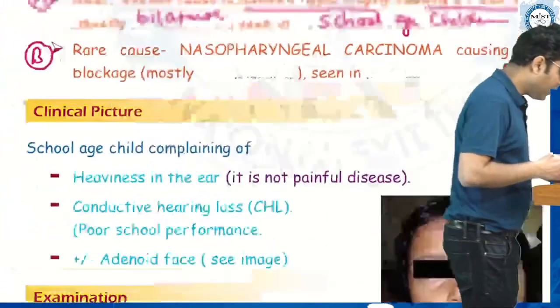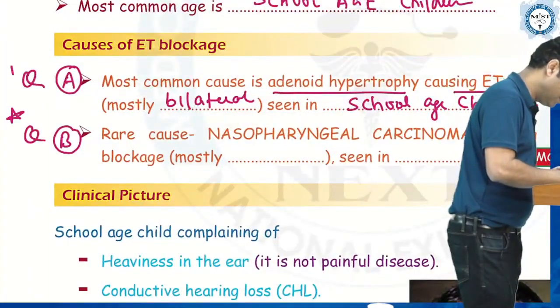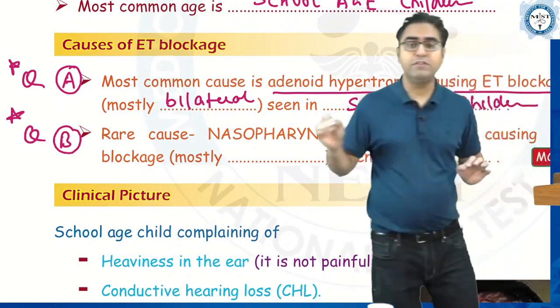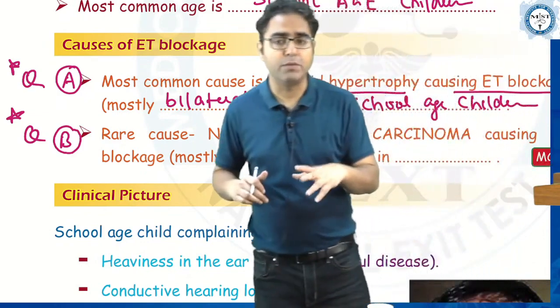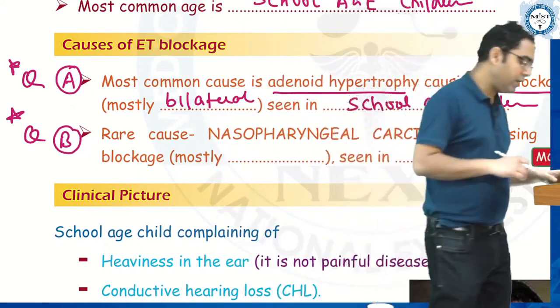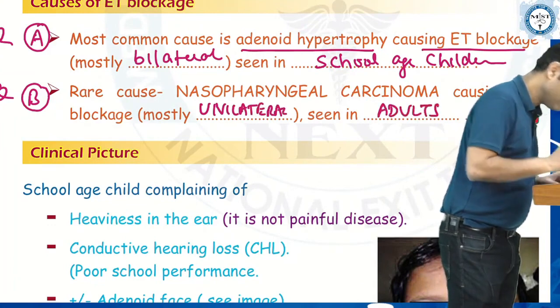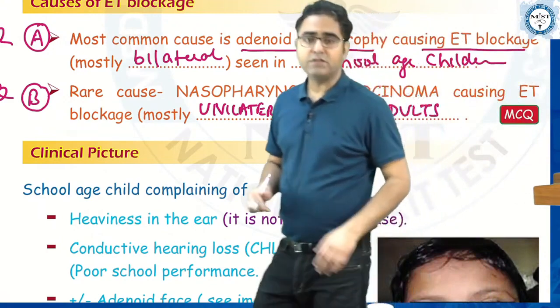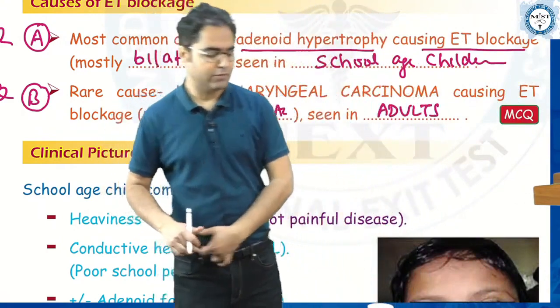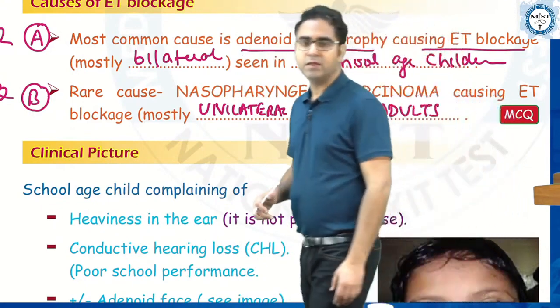Now, the rare cause. Both are star MCQ first of all. The rare cause is NPC, nasopharyngeal carcinoma, more common in China. NPC causing ET blockage is mostly unilateral, seen in adults.